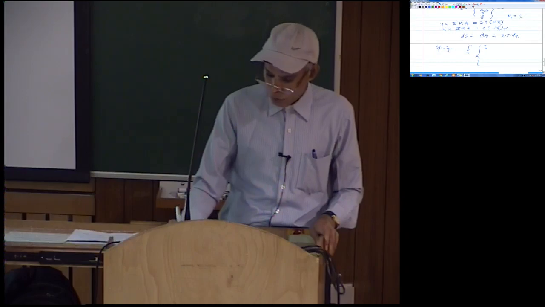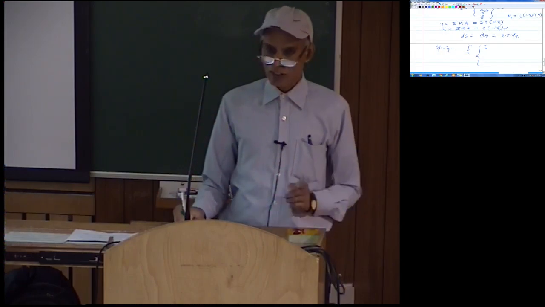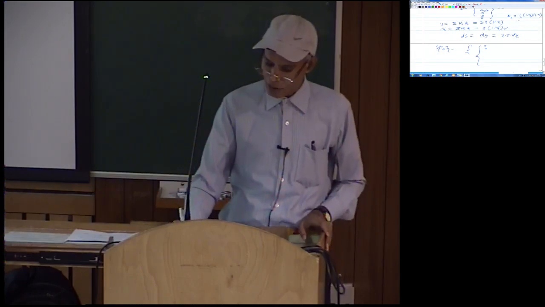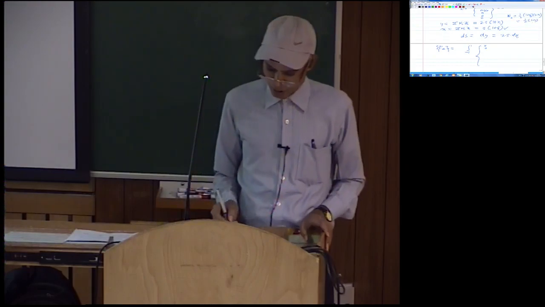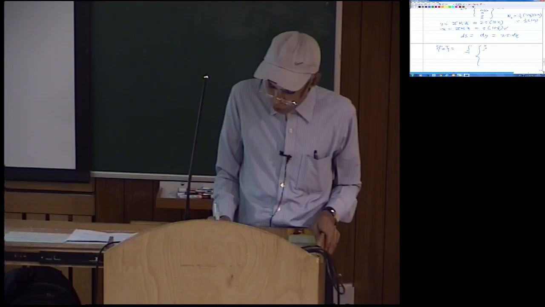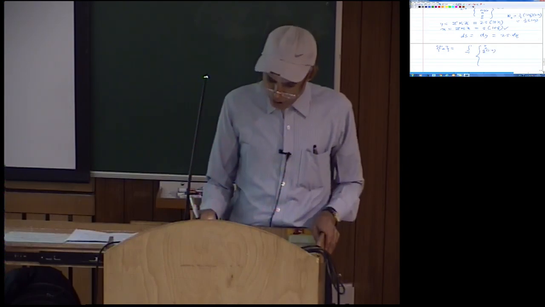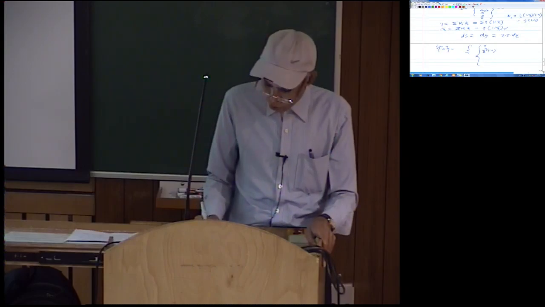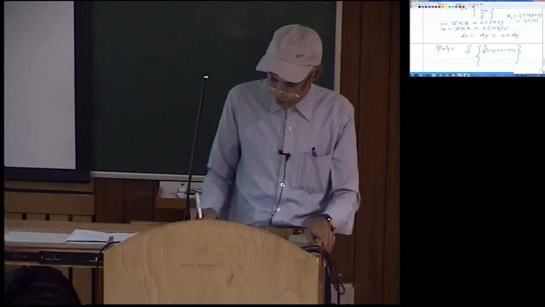N2 is 1 by 4 into 1 plus xi into 1 minus eta, and xi equal to +1 along that edge, so you will have this as 1 by 2 into 1 minus eta. So this is N2 into y, N2 is 1 by 2 into 1 minus eta, and then into y, which is also 2.5 into 1 plus eta, because that's this term.